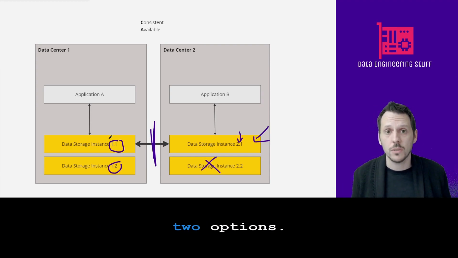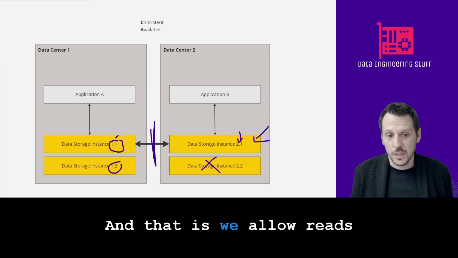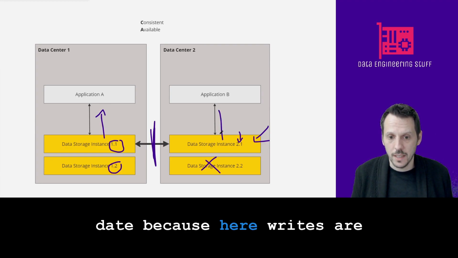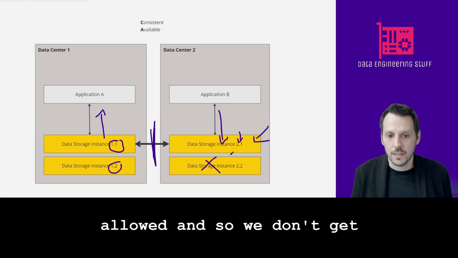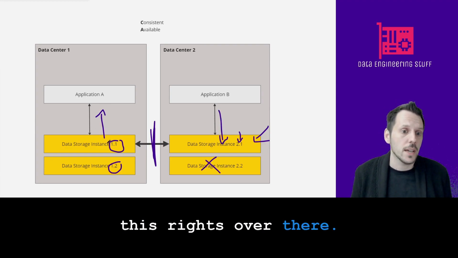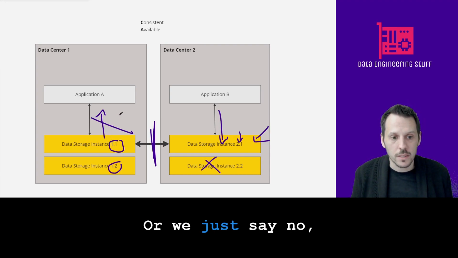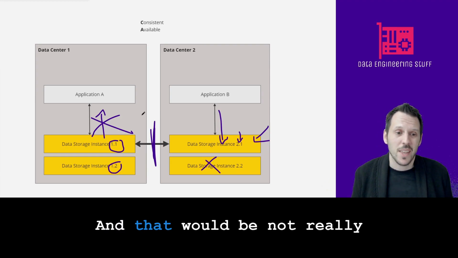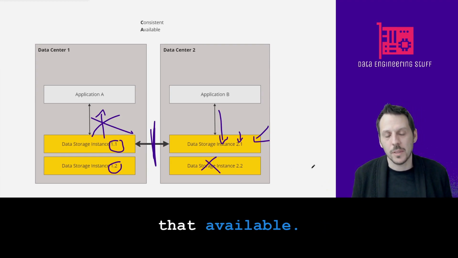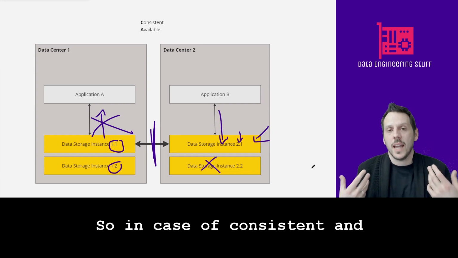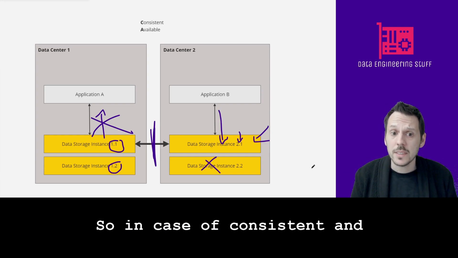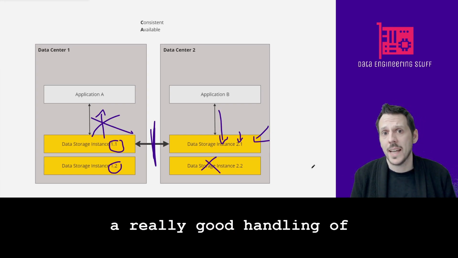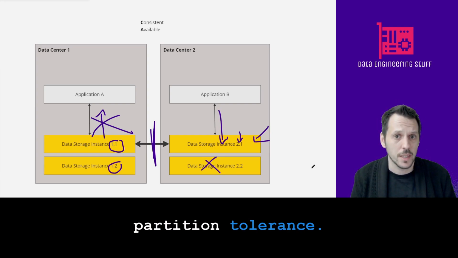And then they have, again, two options: we allow reads, knowing that we are not up to date, because here writes are allowed and so we don't get these writes over there. Or we just say, no, nobody can read, and that would not really be that available. So in the case of a consistent and available system, there's not really good handling of partition tolerance.